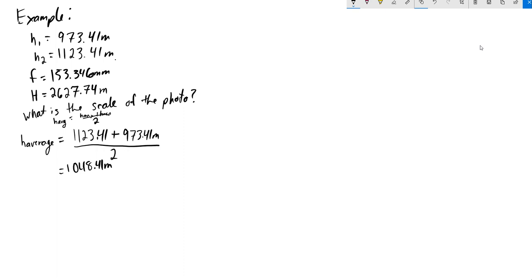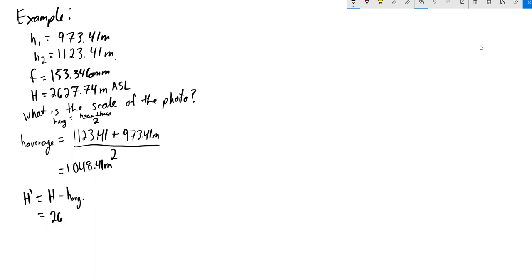Then I can determine my flying height above the ground. So that is H minus H average. To do that, I take my altimeter reading, I'm going to say ASL, which is above sea level.